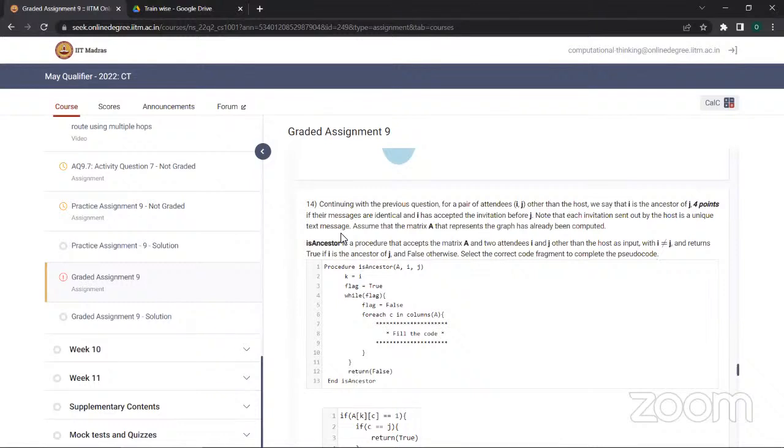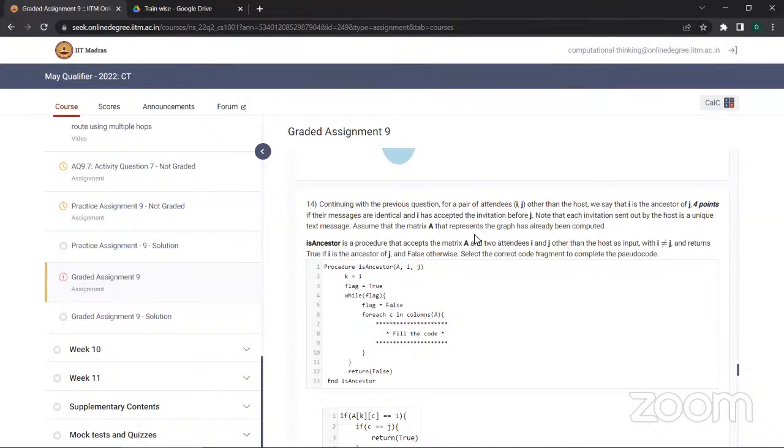I got the summary that it is asking for the ancestor, meaning the message which is received by J, who was the ancestor. We have to check who has sent it the message. If J has received a message, who has sent the message to it? Basically, I got that insight.